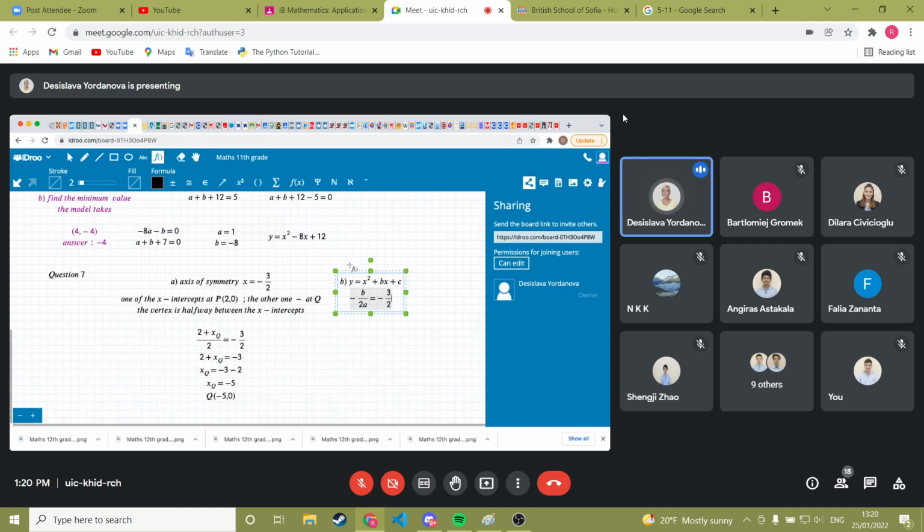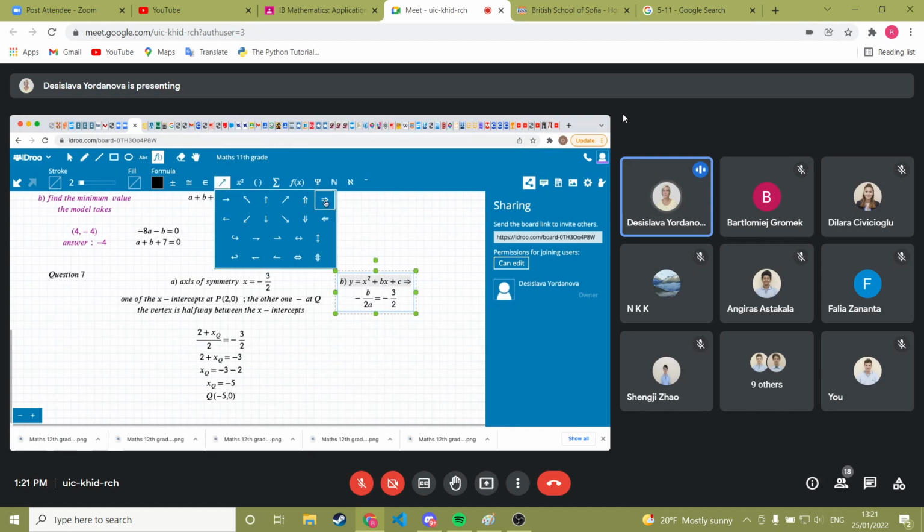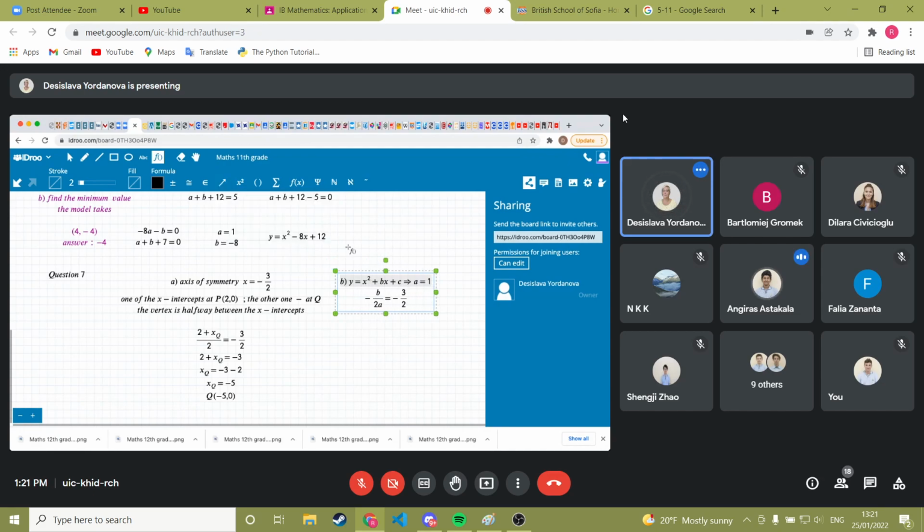But from what they've given us, this means that a equals 1, because they didn't put anything before x squared. Which means that we have minus b over 2 equals minus 3/2. Ignoring the 2 and the minus because they are in both places, we will have that b equals 3.